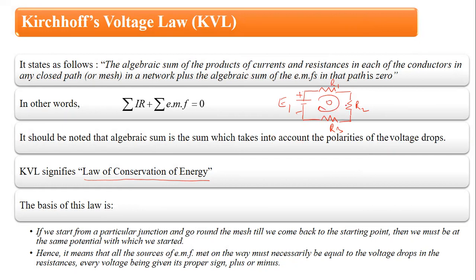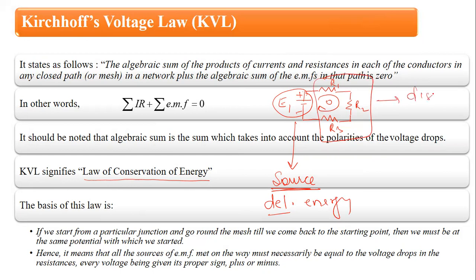So when we say the net voltage in this loop is zero, that means the total energy is conserved in this network. Whatever energy is being delivered by this particular source, it is delivering the energy, and these three elements are dissipating that energy, right?